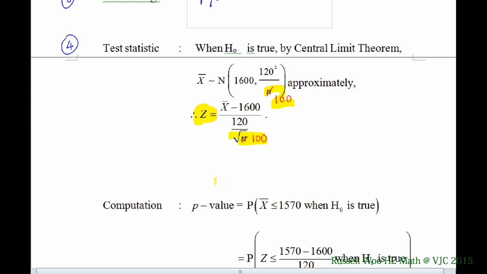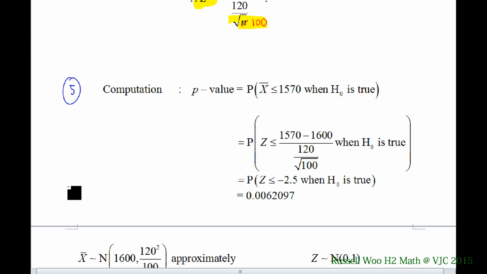Step 5, computation. All are printed for you, but I want to explain something. Remember, the p-value is the probability of obtaining a value as extreme as your observed value of x.